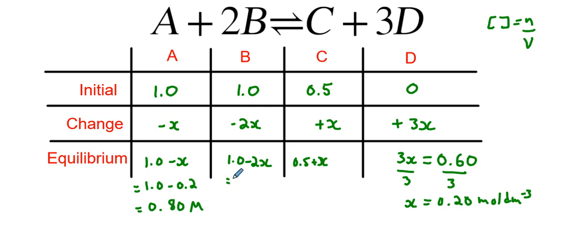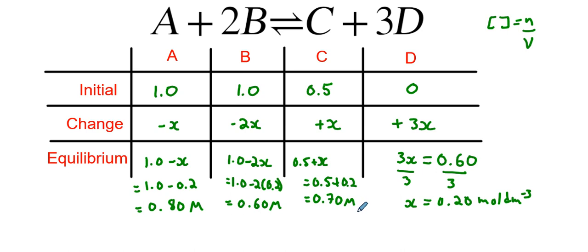This one here will be 1.0, minus 2 times the 0.2. And so this is going to give a value of 0.60 mole per decimeter cubed. And then C gains, right? So this is 0.5 plus 0.2. And this is going to be 0.70 moles per decimeter cubed.